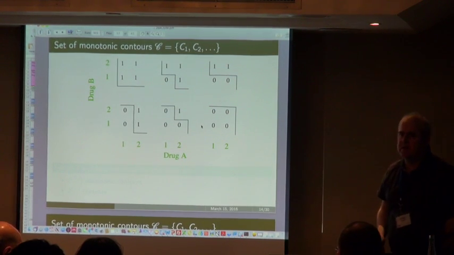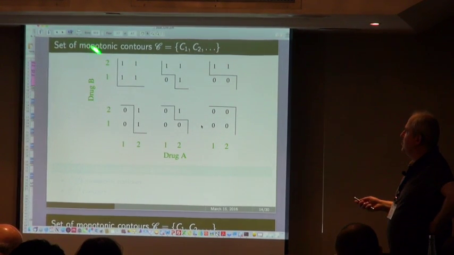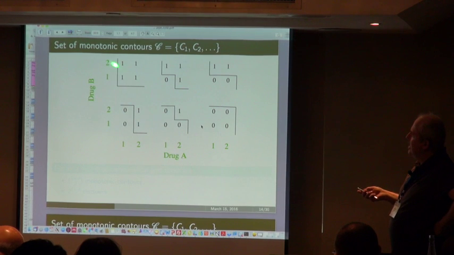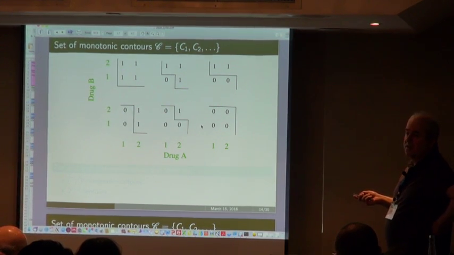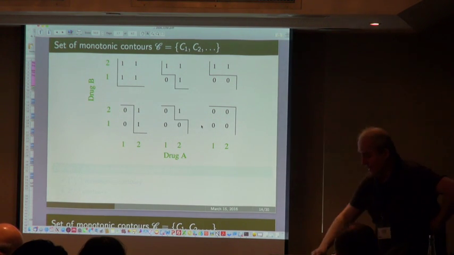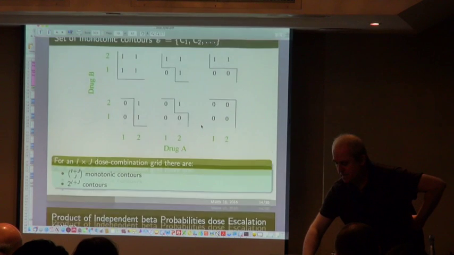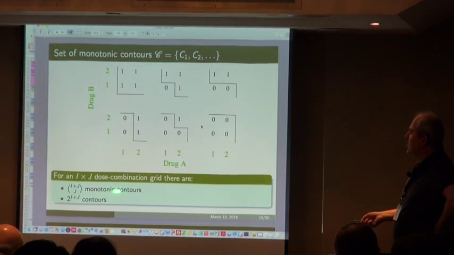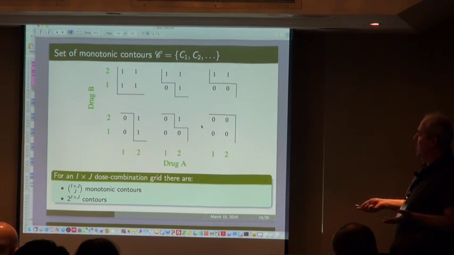But first, a thing about the contour distribution. In just a 2x2 case, there are 6 possible monotonic contours. You can work out how many monotonic contours there are, and the space is a lot less than every single contour.